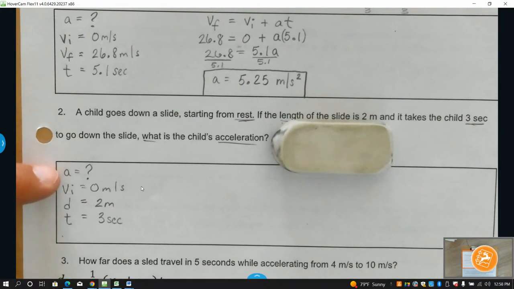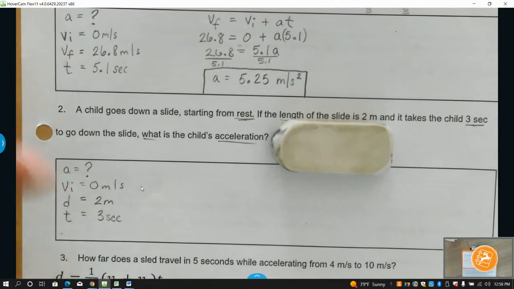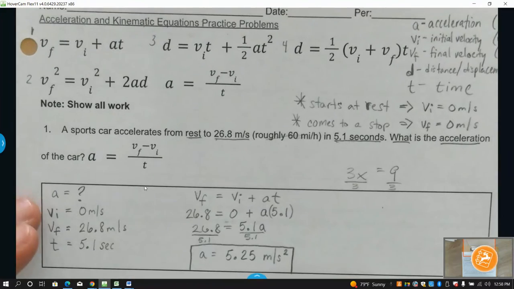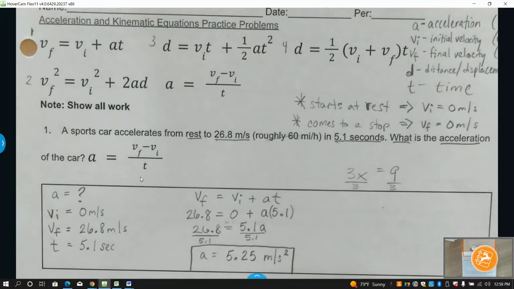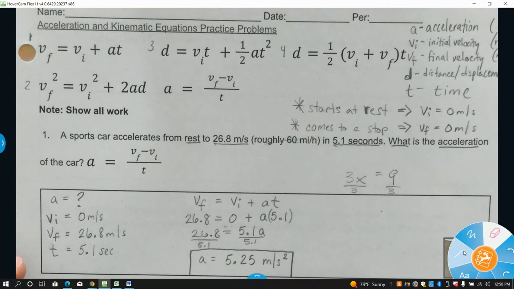You have to look at the 3 or 4 variables you're given or you determine are used in the problem, and then go up to the list. So what equation has A, VI, D, and T in it? Well, there's no D in this one, so we can't use that.